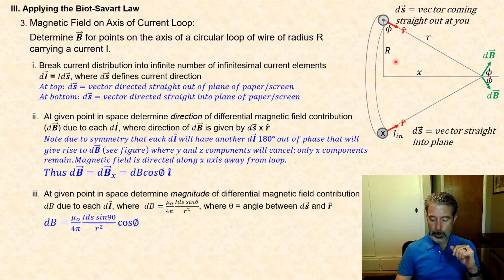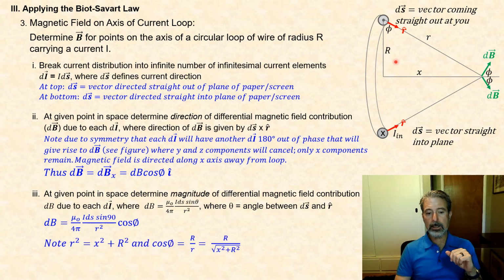You'll notice here we do have multiple variables. Let's take a look. You will notice that r, the distance between the current element and the field point, can be expressed in terms of constants. The radius of this current carrying loop, big R, is constant, as well as the field point we're looking at along the x-axis.